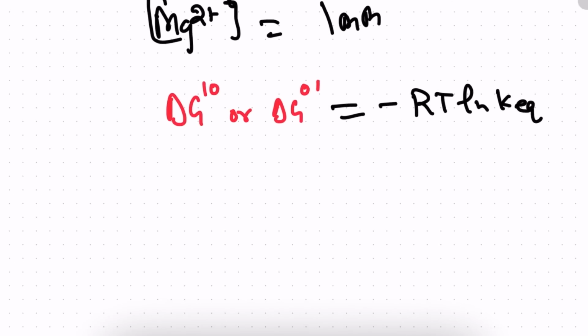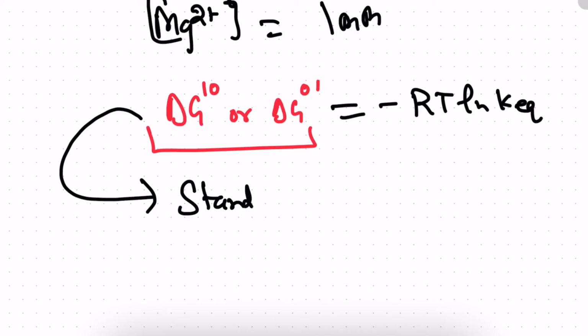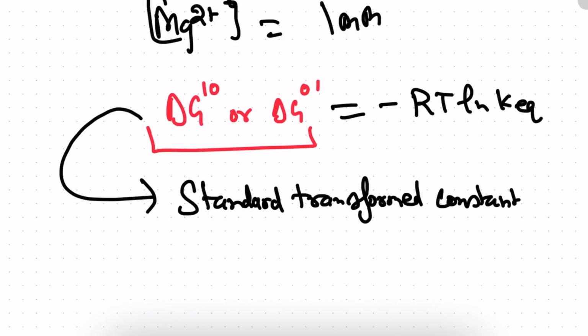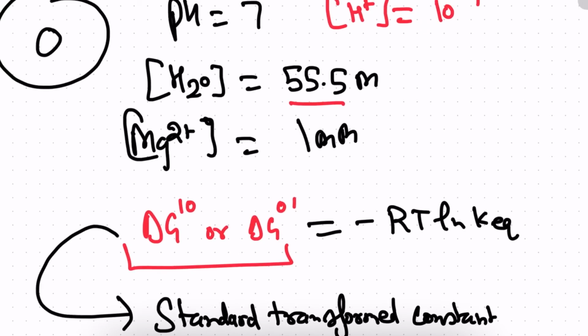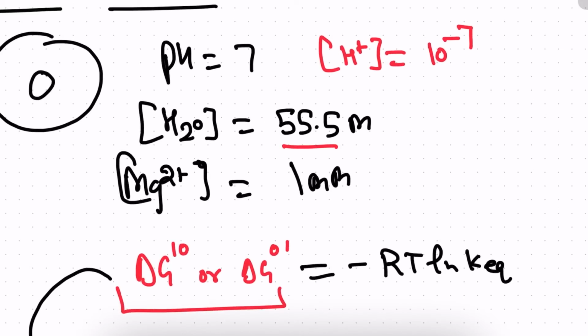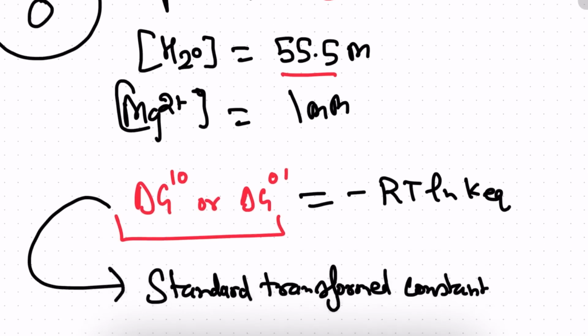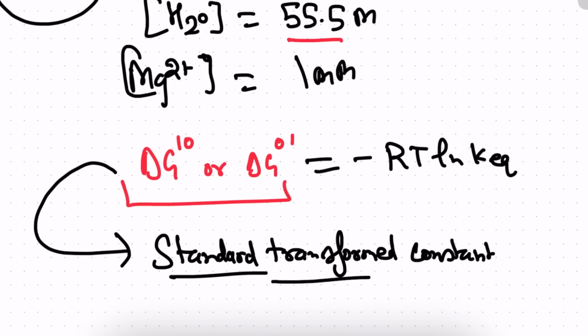This value is now known as the standard transformed constant. So the value of change in Gibbs free energy at standard cellular condition. Standard cellular condition means pH 7, concentration of water 55.5 molar, magnesium ions 1 millimolar concentration. That is known as the standard transformed constant.